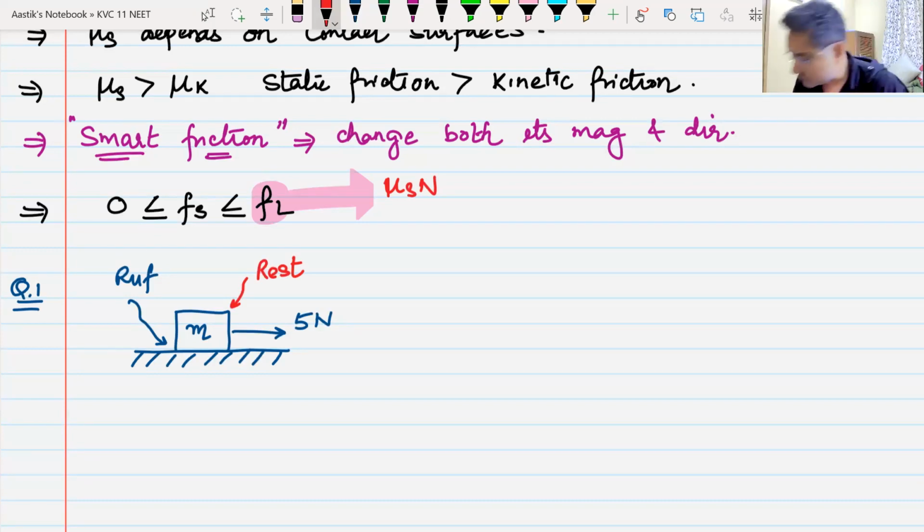Now, let me ask you the first question. Why is the body not moving? Someone must be stopping it. Who is stopping this body from moving?